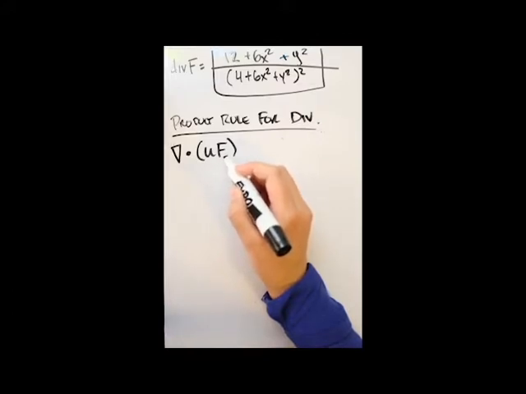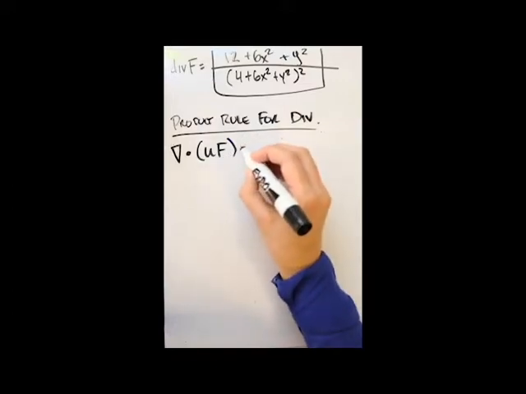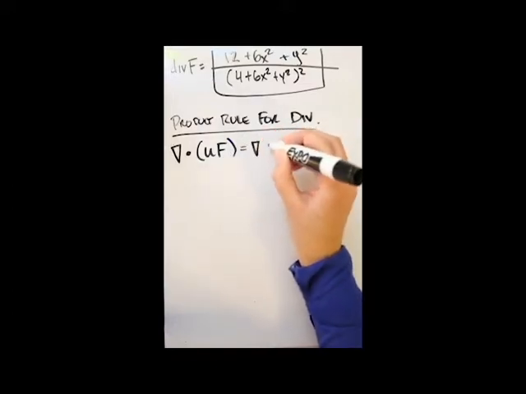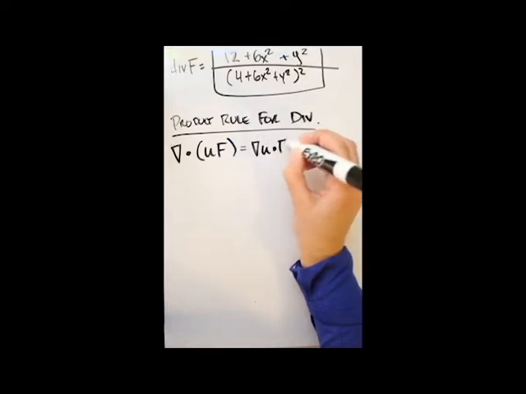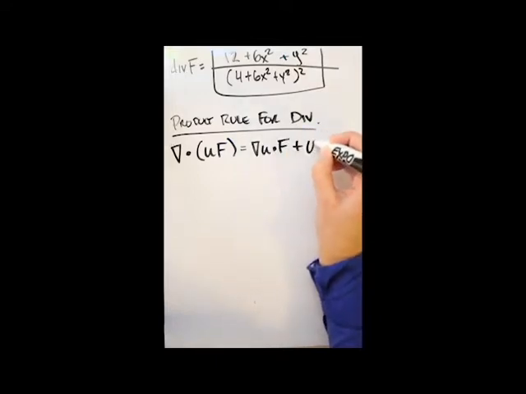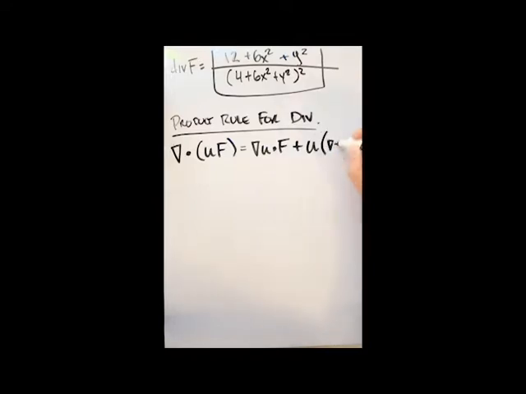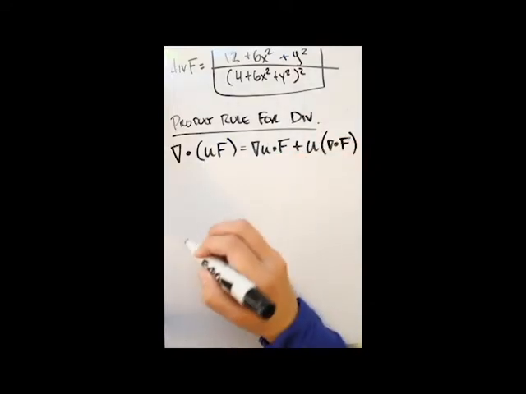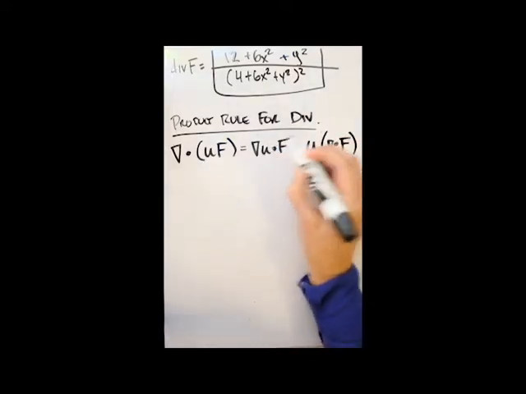F is our vector field, which is also differentiable on our region. So this is equal to the gradient of u dotted with f plus u times del dotted with f. Okay, so this is our product rule for divergence.